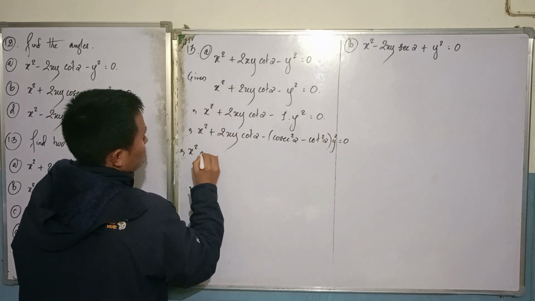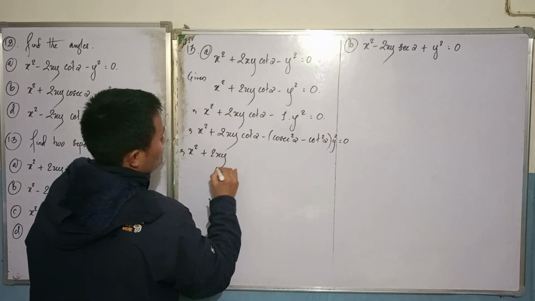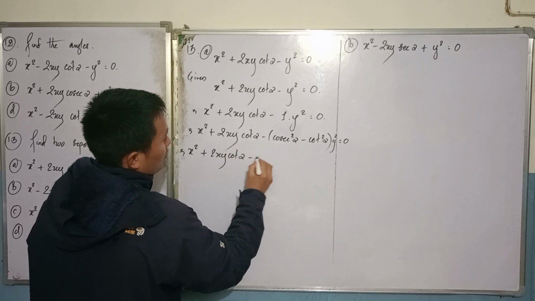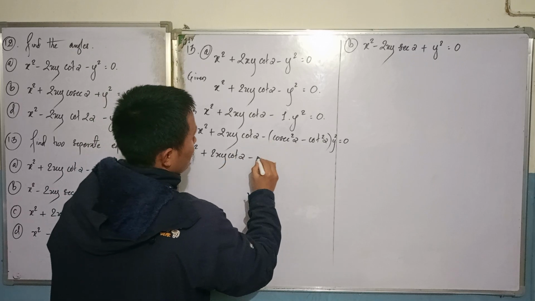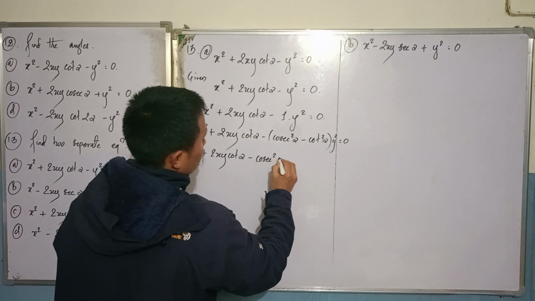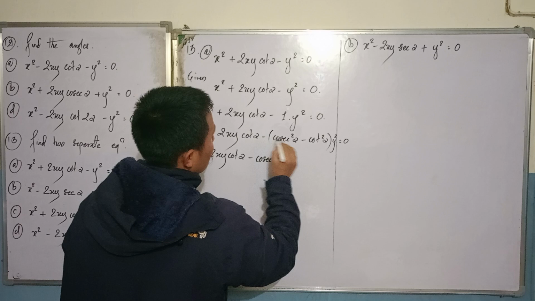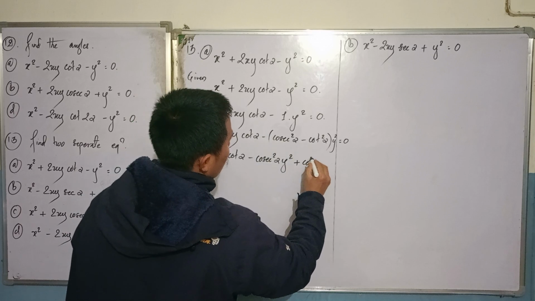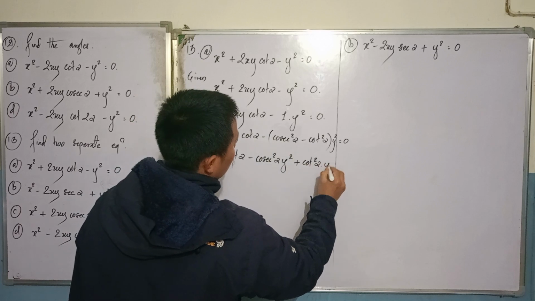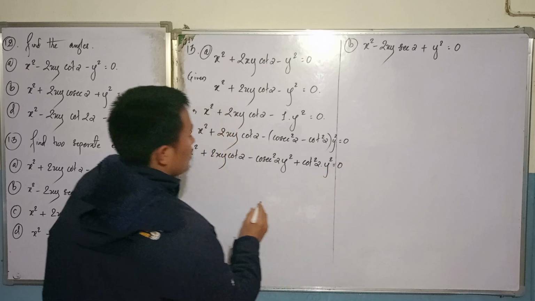Or x squared plus 2xy cot alpha, now multiplying, minus cosec squared alpha y squared, and minus minus plus cot squared alpha y squared equals 0.